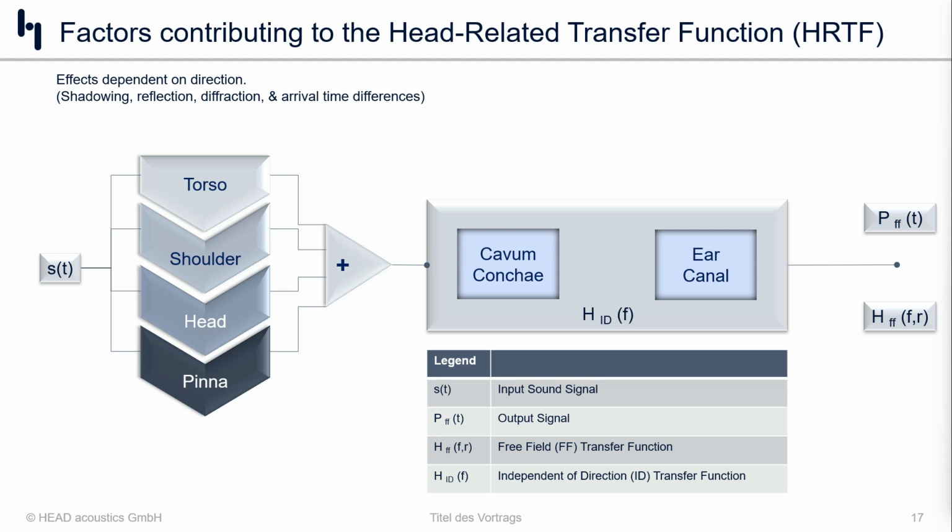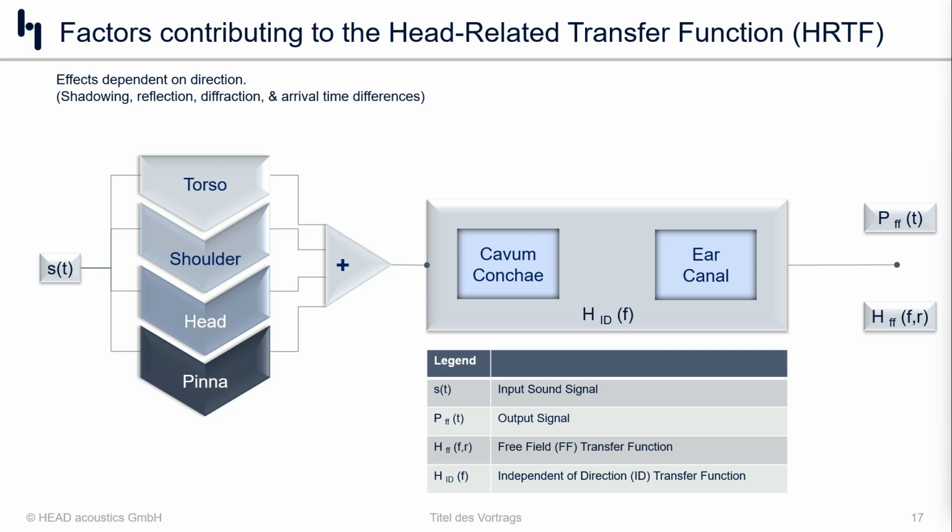So these are always the same and they're always in circuit. This gives a clue that an equalization of a head for a non-completely diffuse but directional sound field, i.e. most of the real world, could be done simply by knowing and inverting the fixed part and letting everything else integrate around the sphere, which it does very well with the so-called ID equalization, which is unique to head acoustics transducers.